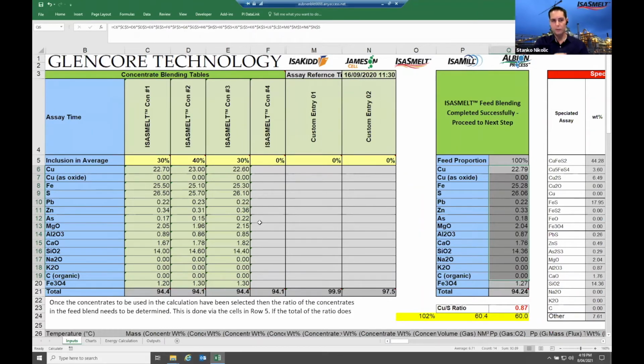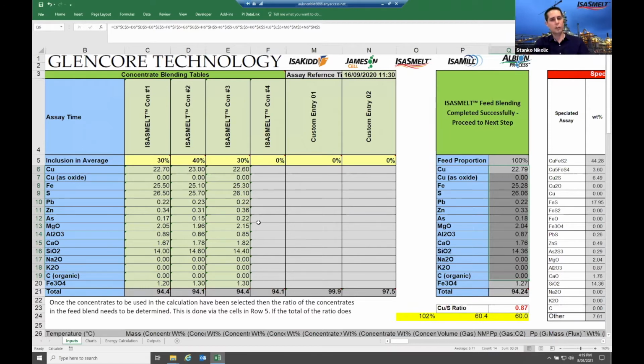The money is in treating a concentrate that is high in PGMs, or that has within it a lot of lead, zinc or arsenic or other elements that make it a little more difficult to treat within a standard copper smelter.